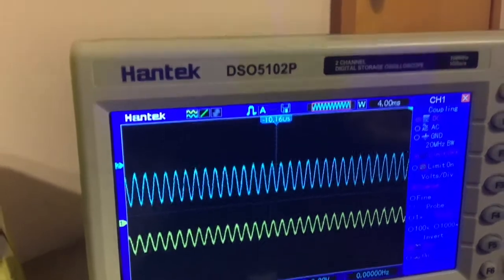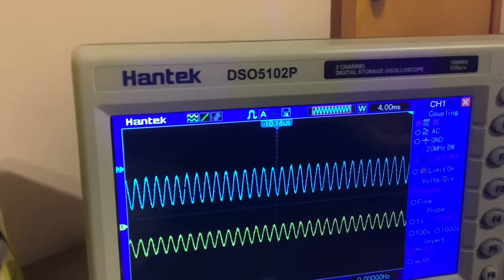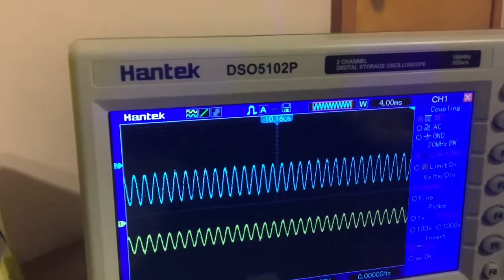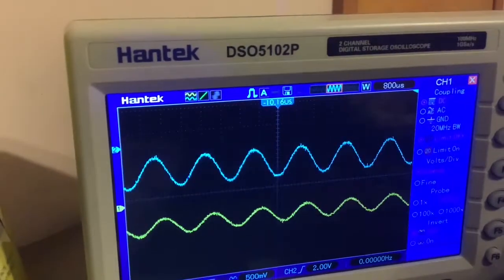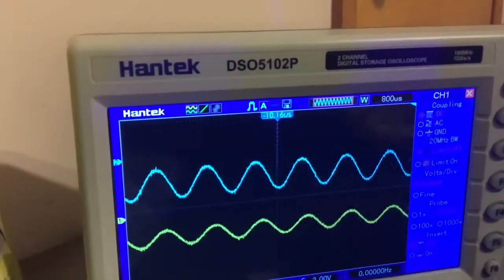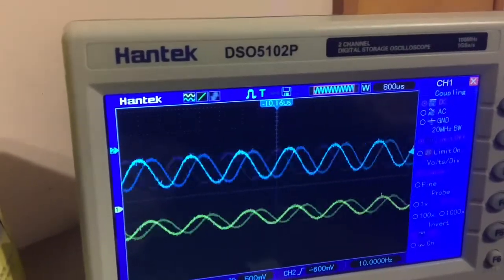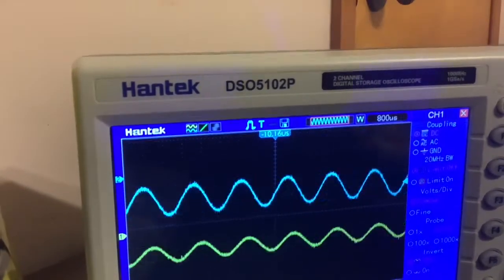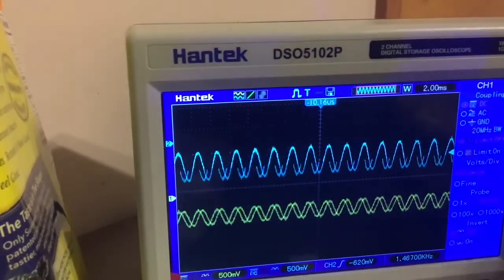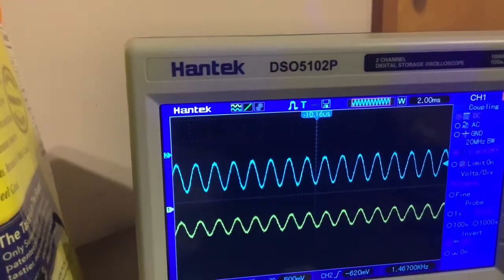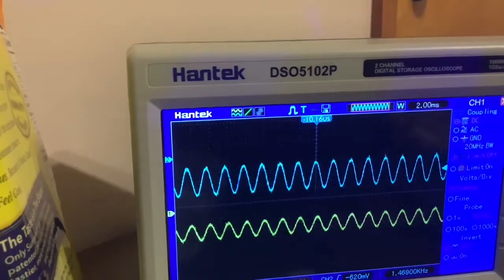So now I've just bumped the frequency of my input signal to 100 hertz. I'm going to zoom in a little bit, and here you can see that my blue wave, or my input signal, is still essentially in phase with my yellow signal, but the magnitudes are different.